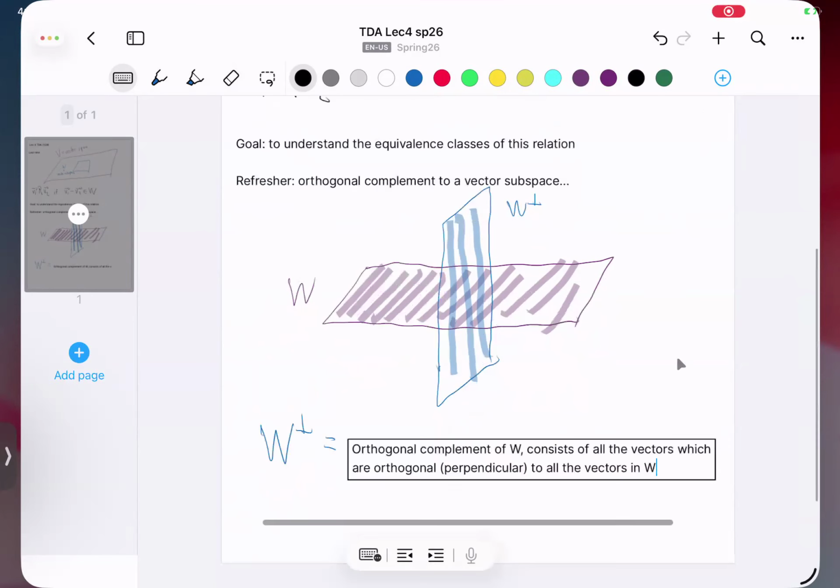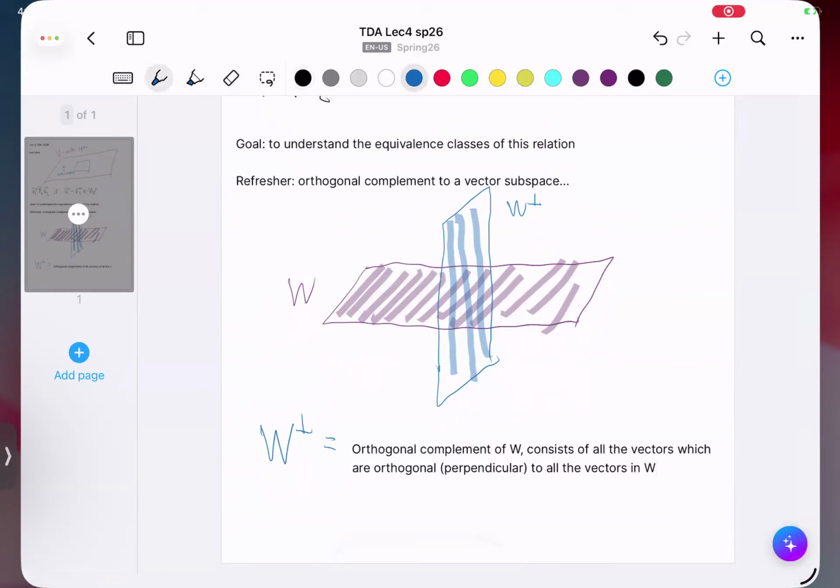So the idea in this picture is that if you had a vector here, actually, let me make it look more perpendicular.